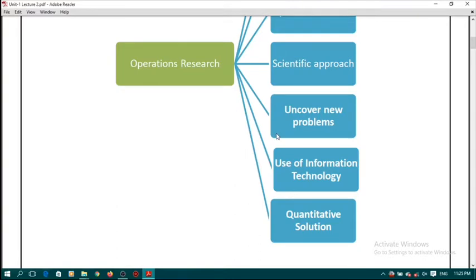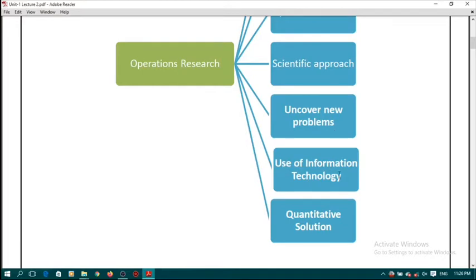So you are observing the problem very closely as an OR researcher. So that's why some problems which are unnoticed or unseen in the beginning, after deep observation you find new problems there. So it uncovers new problems.